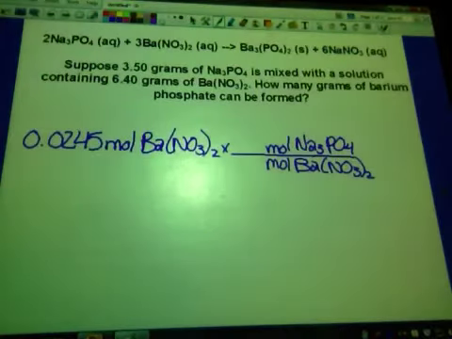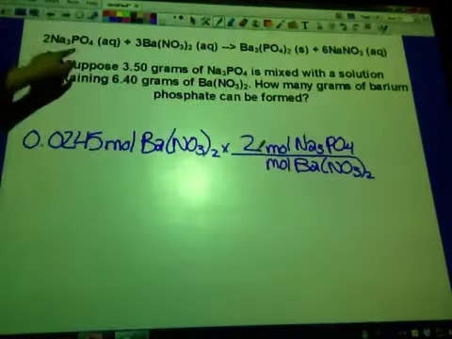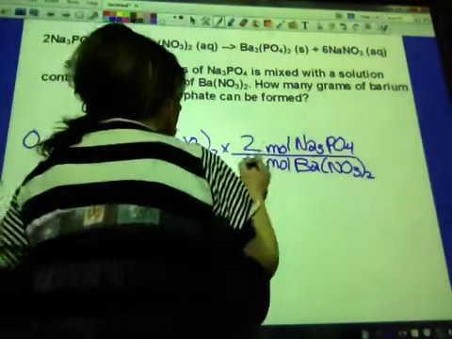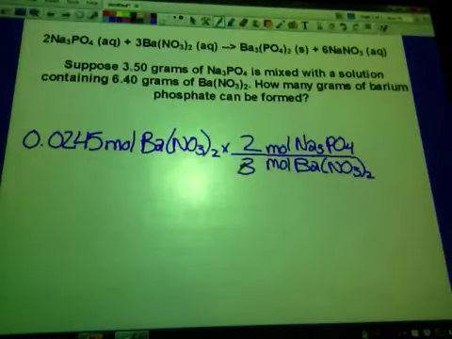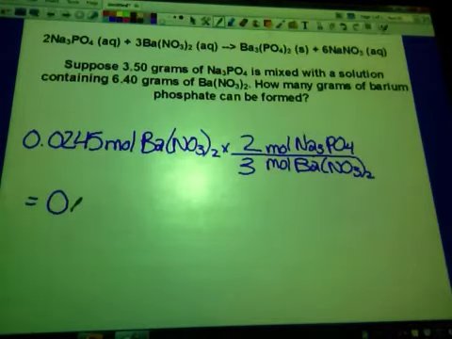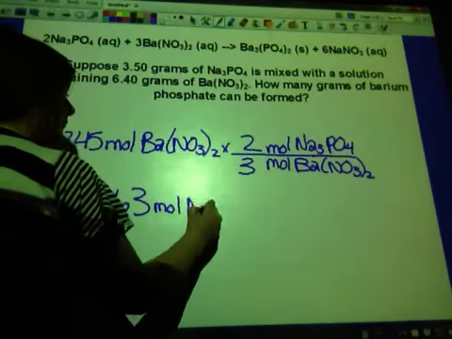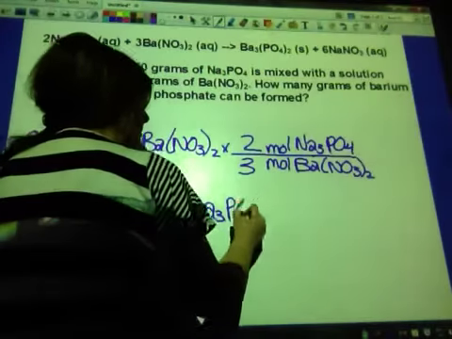Okay, let's compare our mole-to-mole ratio. 2 moles of Na3PO4 to every 3 moles of barium nitrate. So if we do this math, we should get 0.0163, and that would be moles of sodium phosphate.